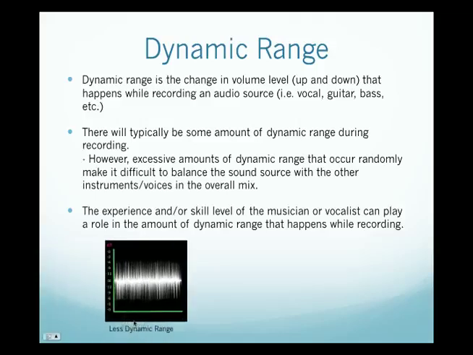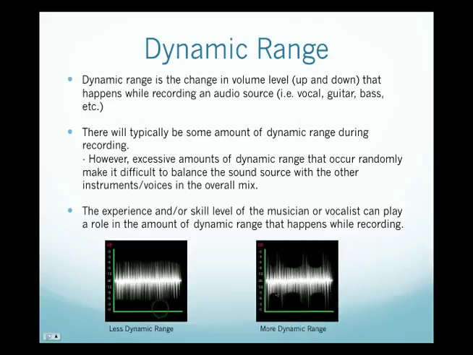So this chart here on the left is an example of less dynamic range. As you can see from the chart, you have this waveform that's pretty steady. It's pretty even. Now, this next example represents more dynamic range, where you have a little bit louder spike here, and then it gets softer, and then it gets louder again and softer, and on and on. So it's this type of dynamic range that we really need to try to control.